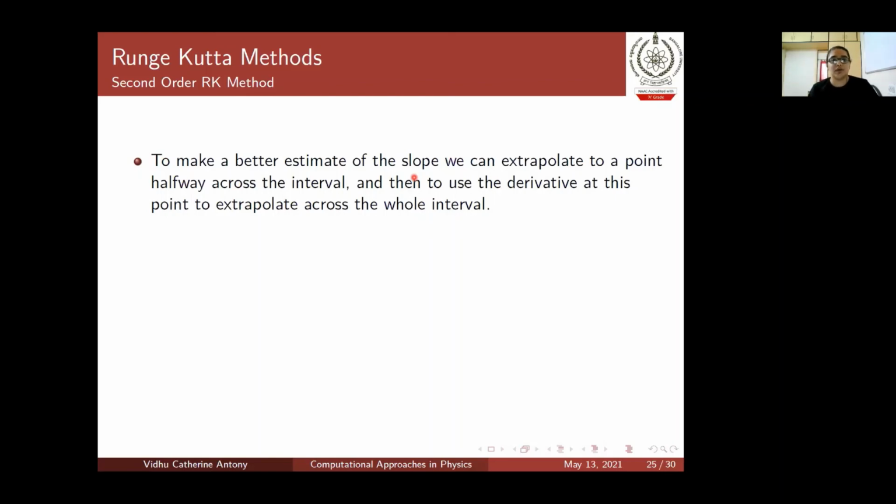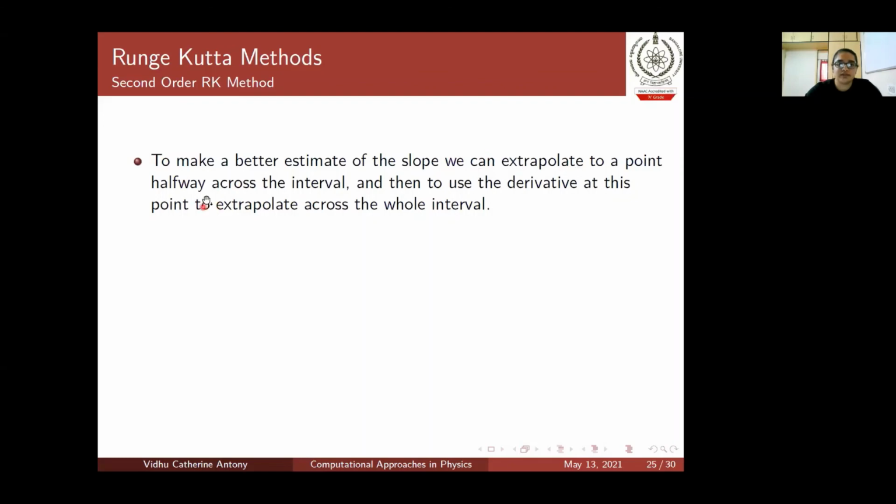So we're trying to find the estimate of the function, or the slope. Function and slope are the same thing for this purpose. The actual value of the function would be different from the function that you predict, but the function and the slope are quite the same.